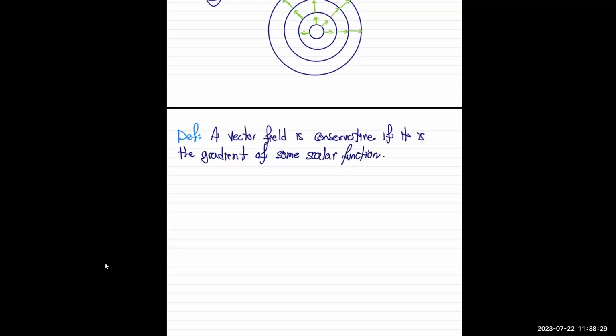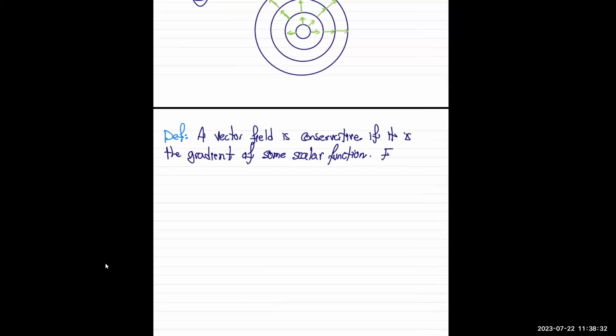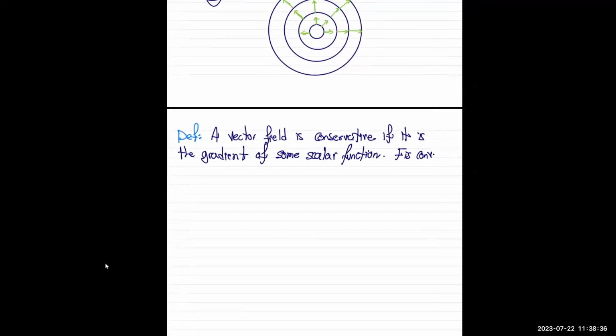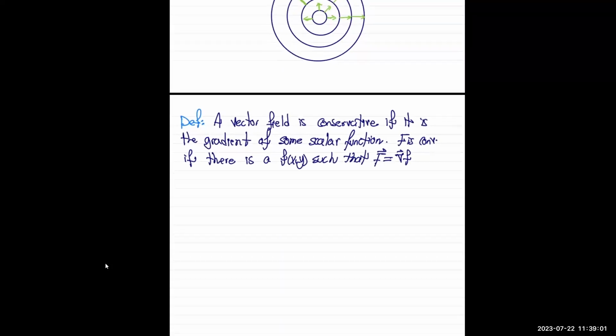This means that F is conservative if there is a little function f of x y such that the vector field capital F is the gradient of this scalar function, little f.